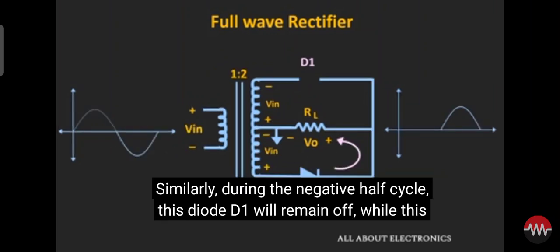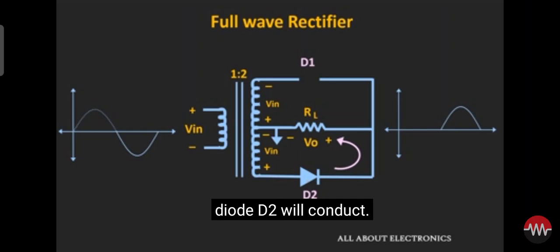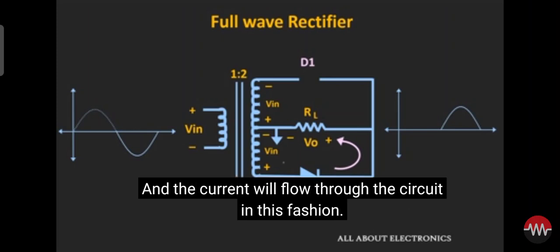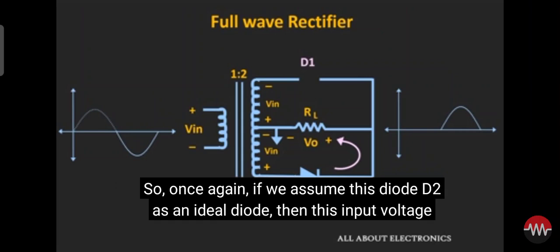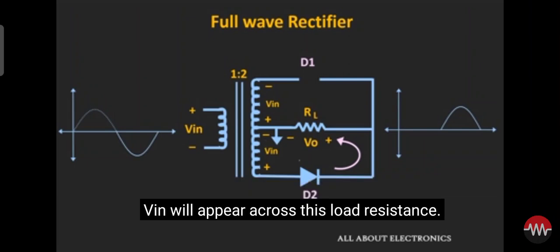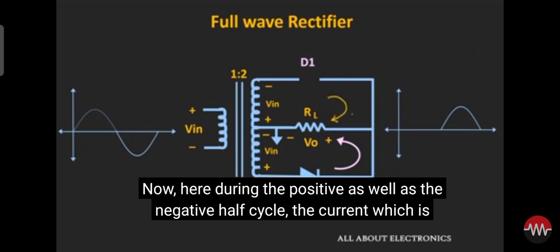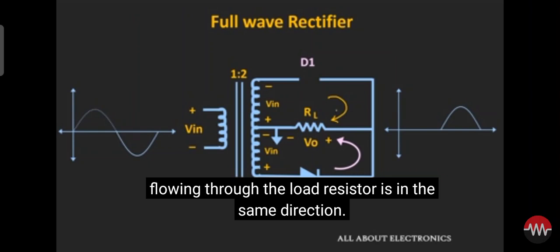Similarly, during the negative half cycle, this diode D1 will remain off while this diode D2 will conduct, and the current will flow through the circuit in this fashion. Once again, if we assume this diode D2 as an ideal diode, then this input voltage Vin will appear across this load resistance. Now here, during the positive as well as the negative half cycle, the current flowing through the load resistor is in the same direction.